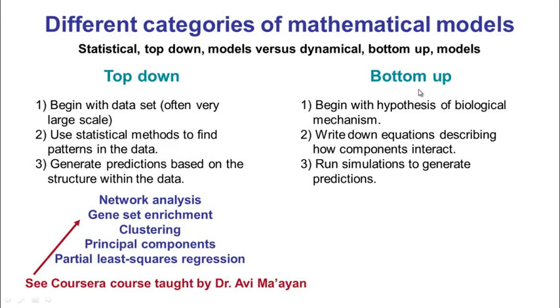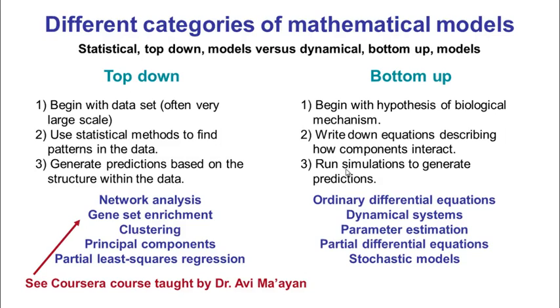So the approach here is sort of the opposite of what we saw with the top-down model. With a bottom-up model, you begin with a hypothesis of biological mechanism. Once you have this hypothesis, you write down some equations that describe how the components in your biological system interact with one another. Then you run simulations to generate predictions for what would happen under different conditions.